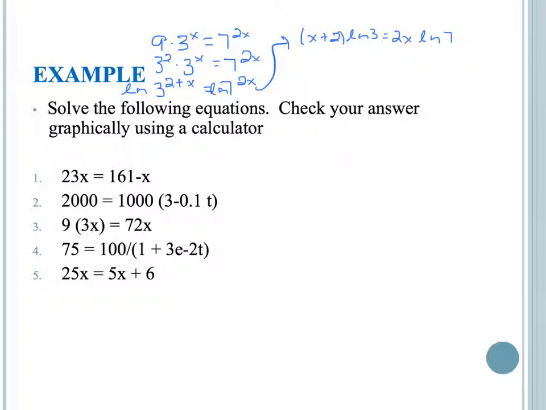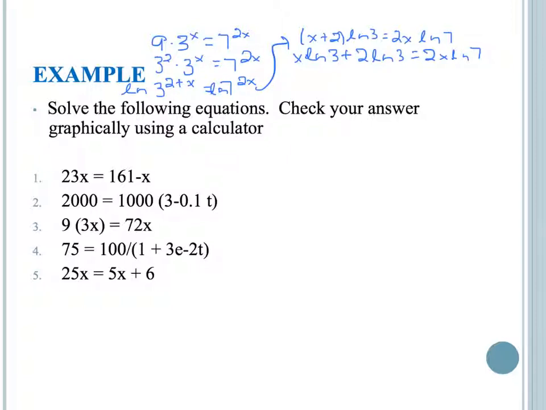And now I need to get all the x's on one side and all of the numbers on the other. So as I was saying, I have x ln of 3 plus 2 ln of 3 equals 2x ln 7. And now I need all the x's together. I need the numbers on the other side.